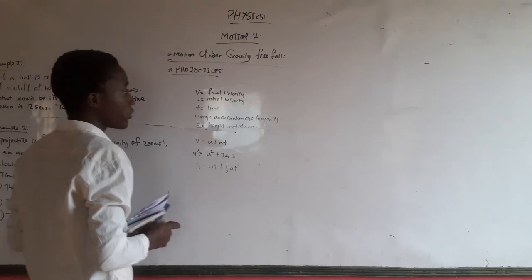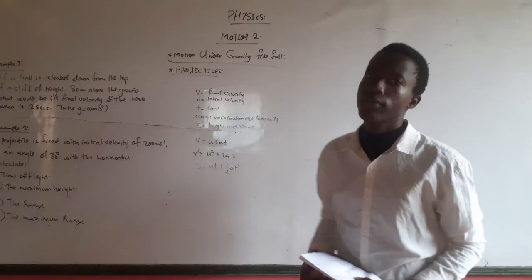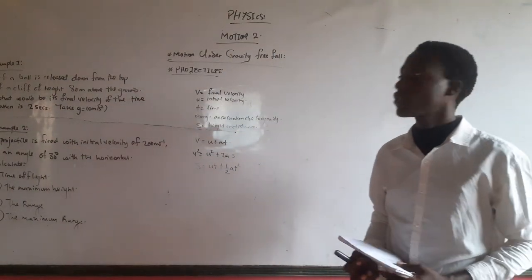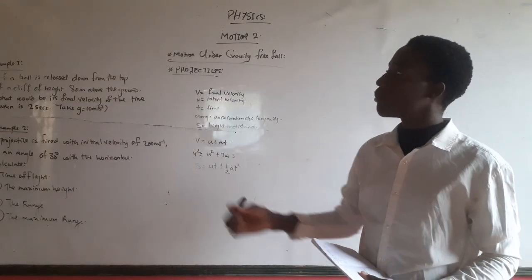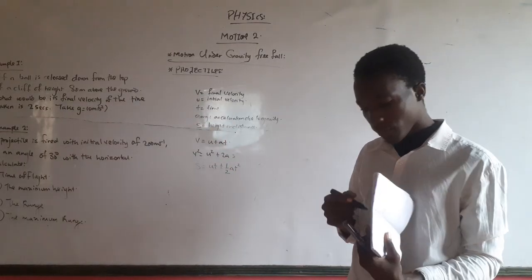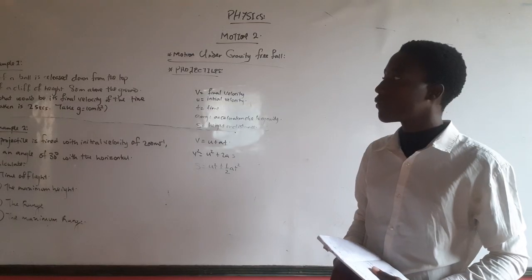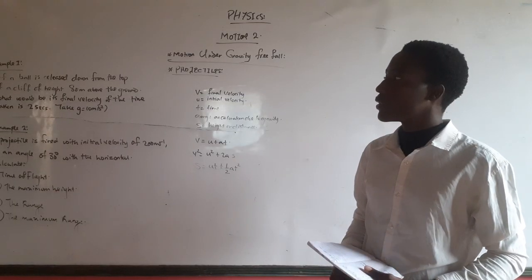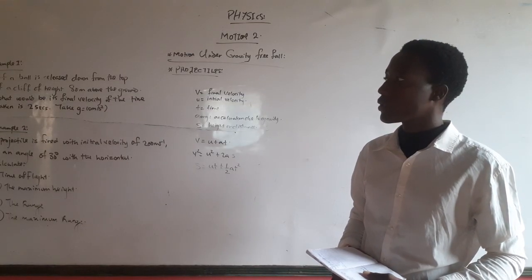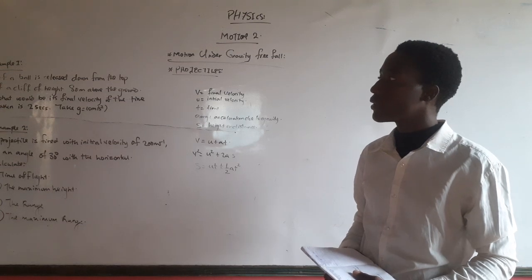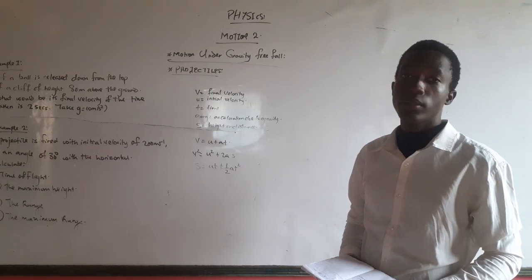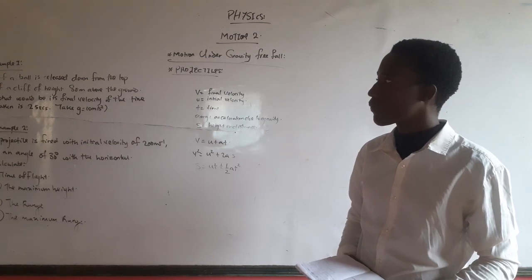Let us literally solve this question. All these formulas are given in your physics textbook, you can check them. If a ball is released down from the top of a cliff of height 80 meters above the ground, what will be the final velocity if the time taken is 2 seconds? All I ask you to find is the final velocity.